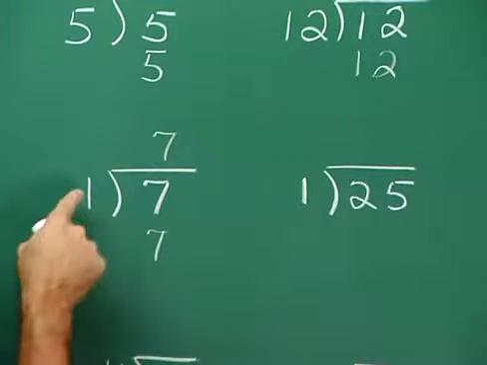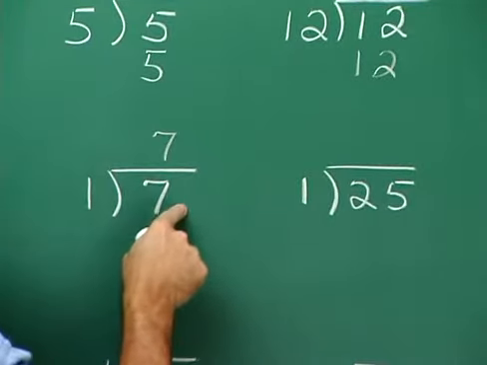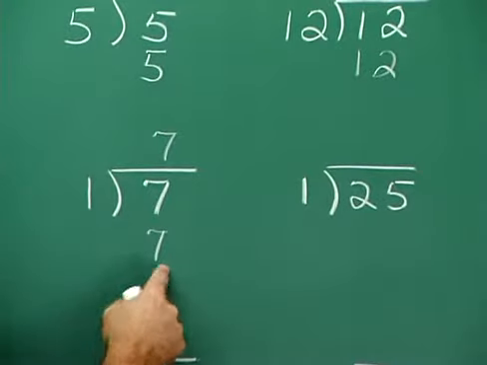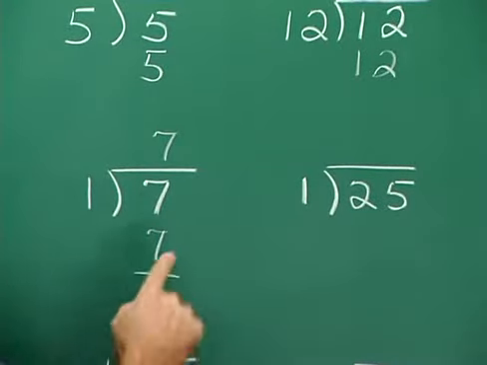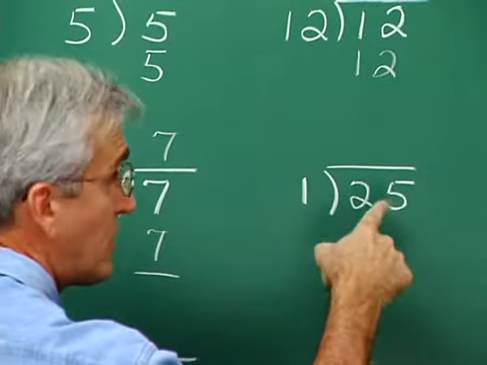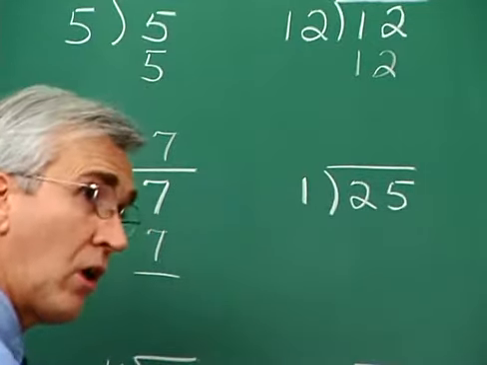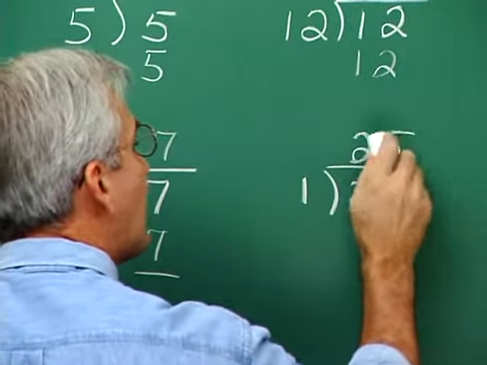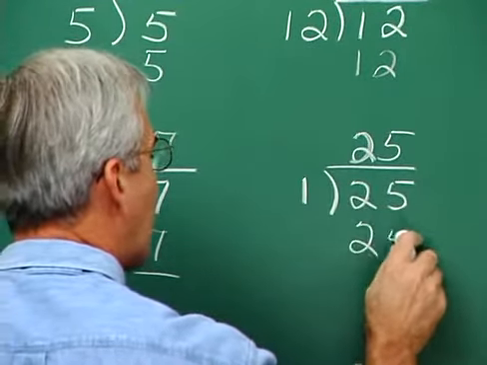In other words, when we divide 1 into any number, it turns out to be itself. And that number times 1 is the number we started with. 1 into 25: we're separating 25 into 1 part, and that part has 25 items in it, because 25 times 1 is 25.